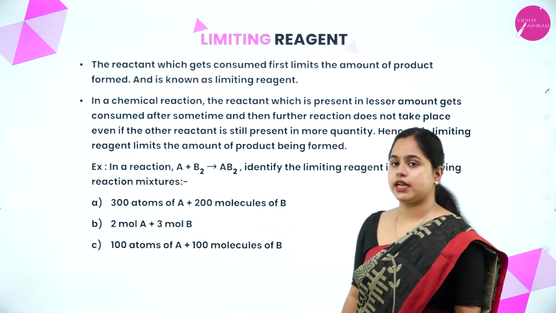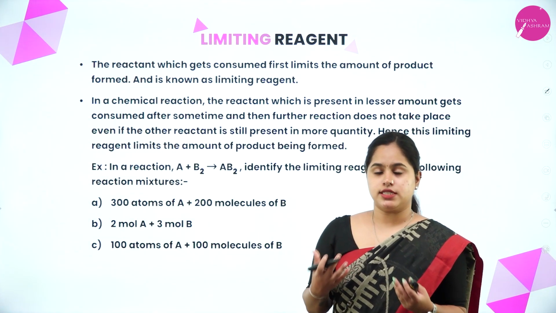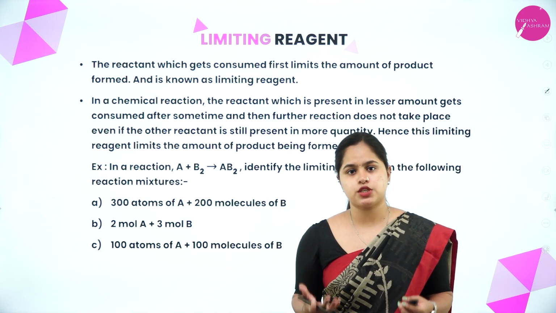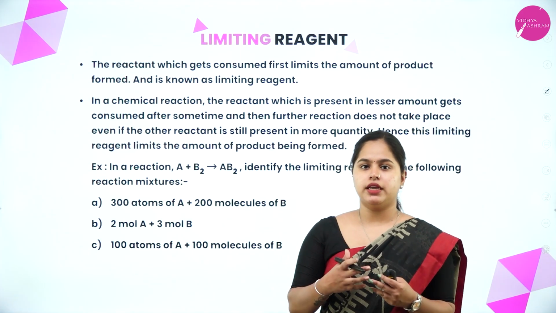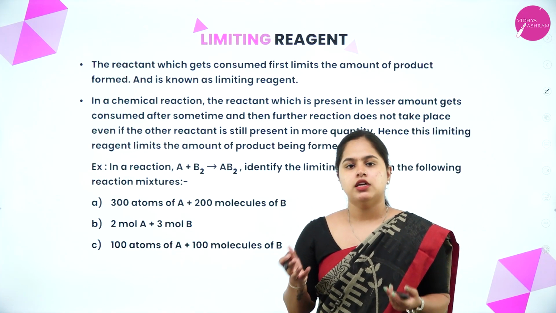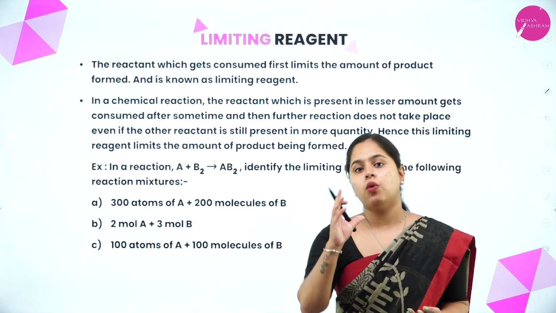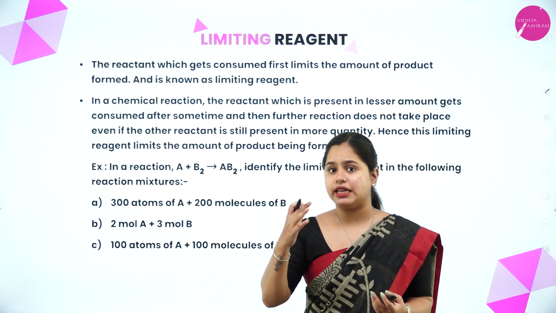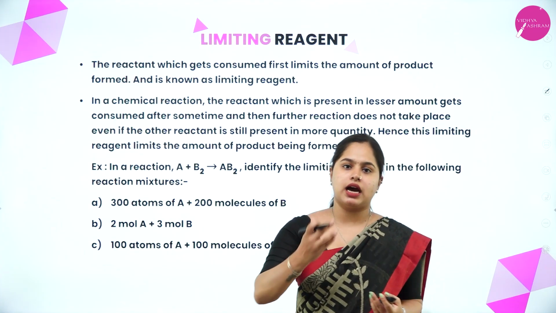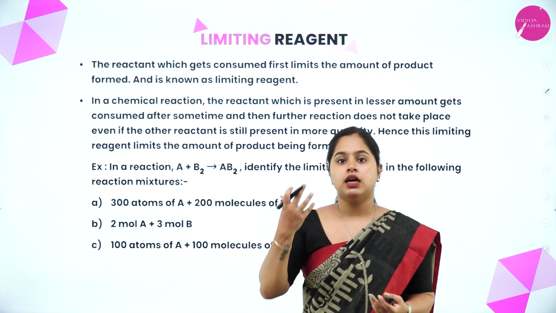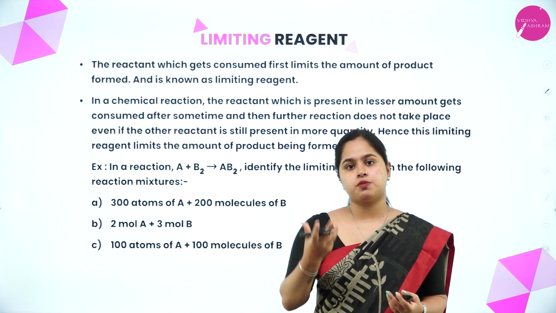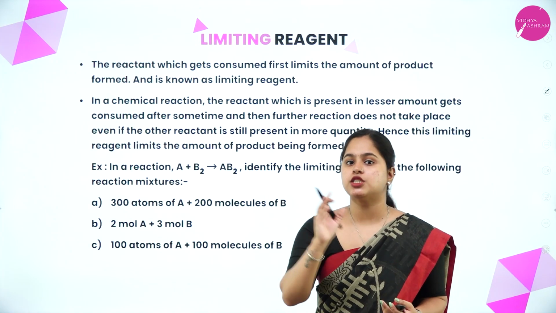Now, what is limiting reagent? So, in case of a certain chemical reaction, you know that two reactants combine and form products, right? In certain chemical reactions, one of your reactants will be present in lesser amount. As the reaction proceeds, the reactant which is present in lesser amount gets consumed first.